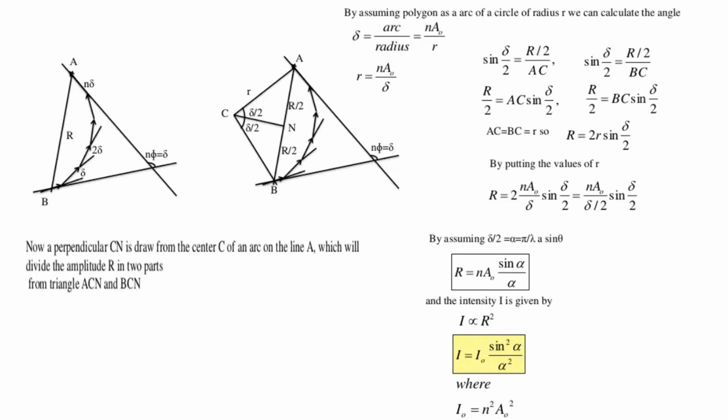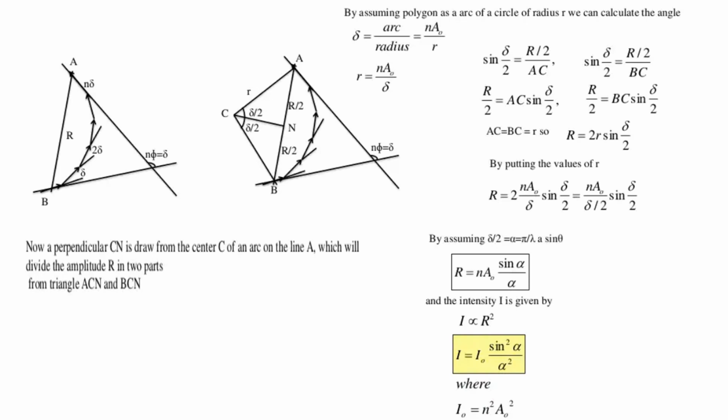As you assume the value of delta by 2 to be equal to alpha, we have the amplitude R given as n A naught sin alpha by alpha. As we know, the intensity is directly proportional to the square of the amplitude.